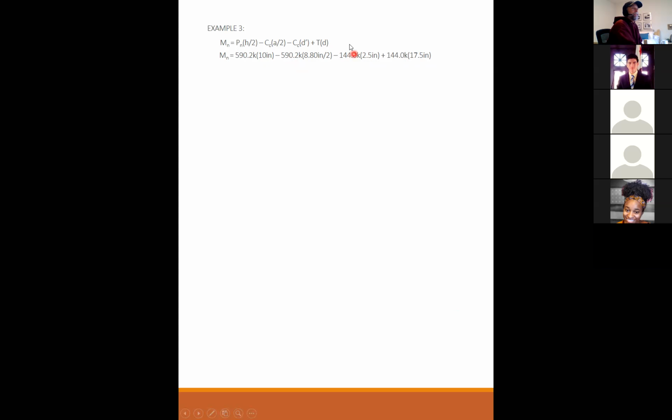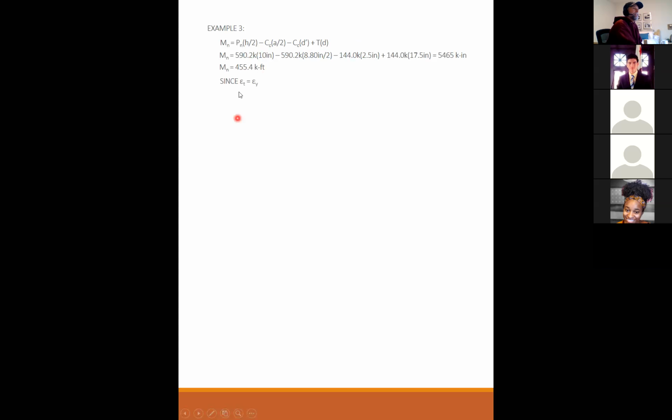And the load in the tension steel is the same as the load in the compression steel, so they cancel each other. But they do not cancel each other because their effective moment arms are very, very different. So we get 5465 kip inches or 455.4 kip feet.